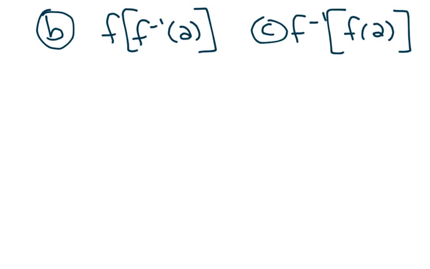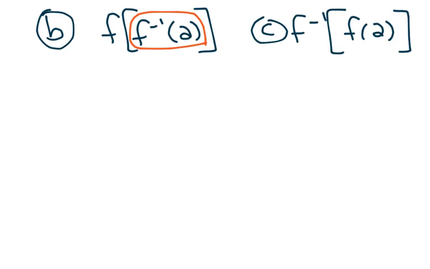The last thing that we're going to do is perform a composition where we plug one number into a function and then plug it into the other function. So we want to find f of f inverse of 2. What this notation means is we're first going to find f inverse of 2. Because think about order of operations. Order of operations always tells us to work inside grouping symbols first.